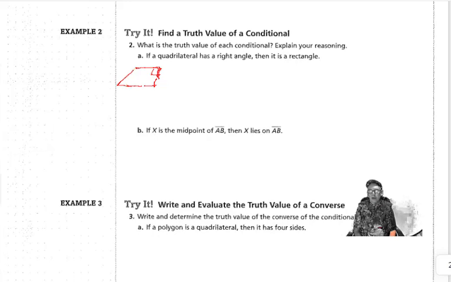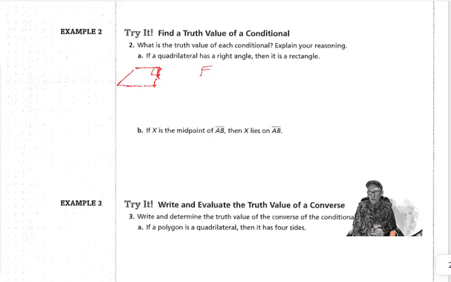So here we have what we would call possibly a trapezoid. We've got maybe these two sides are parallel to each other. Here's a right angle. But this one's a slanted side. So that would be a counterexample. So I would say that I could call this a false statement because I can think of a case where we have a right angle with four sides, but it's not a rectangle.